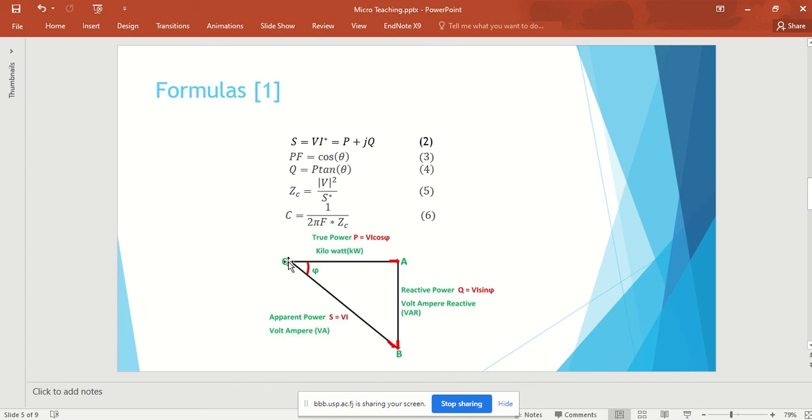Now, suppose this was your voltage phasor and this was your current phasor, just as an example. If the current is lagging the voltage, we have a lagging power factor. This is theta. And if the current is leading the voltage phasor, we have a leading power factor. Is it clear, Dhiru?